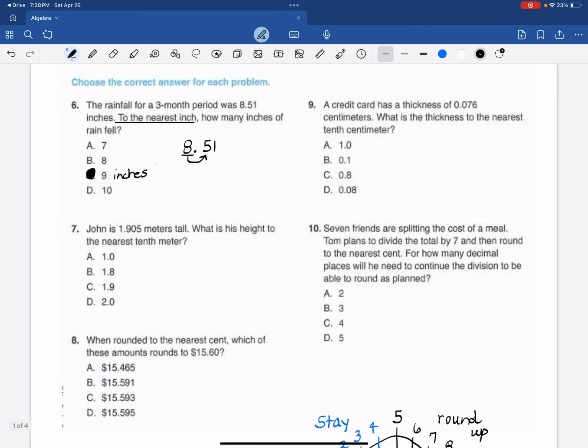John is 1.905 meters tall. What is his height to the nearest tenth of a meter? So 1.095 to the tenths place is going to be 1.1.